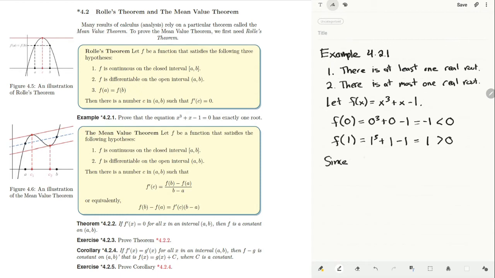Now since f is a polynomial, we know that it is continuous.